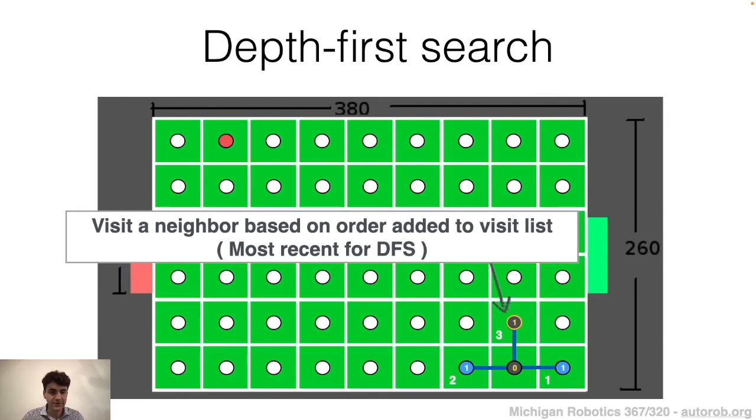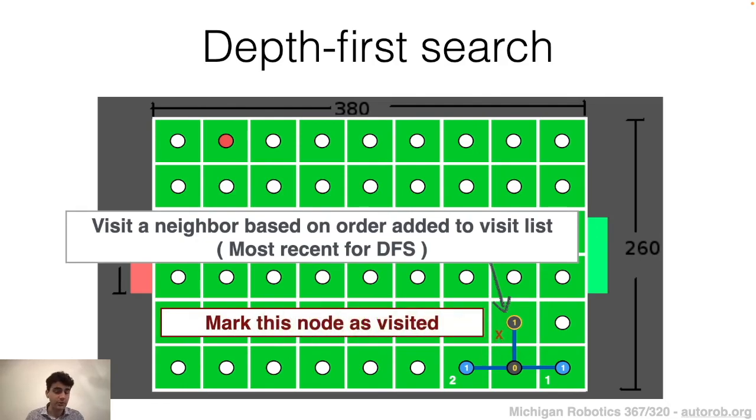For depth-first search, that would be the most recently added node to the visit list, which in this case is node 3, directly above the start node. So now we consider node 3 to be the visited node, and we mark this node as visited, and we'll then move to the next iteration of the depth-first search algorithm, which will repeat this process over again.